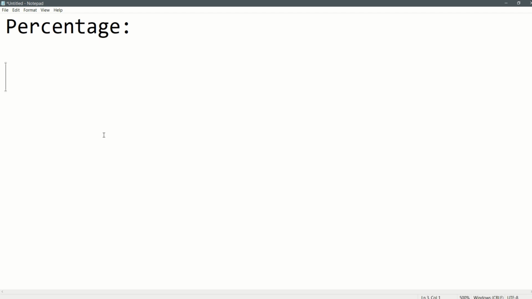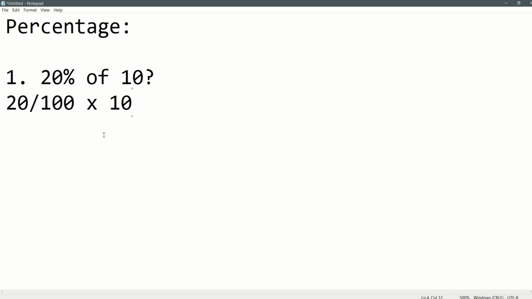Firstly I'm going to give you an example of this question. 20% of 10, what is the answer? You would place it like this: 20 upon 100 multiplied by 10. The way I am writing it is always the same, it is common, but the numbers change. For example, if I want to calculate 30, then I will write 30 here, or 50 and so on.